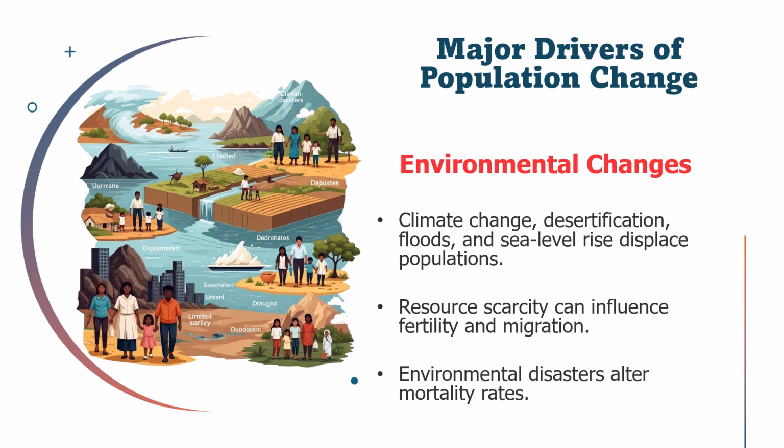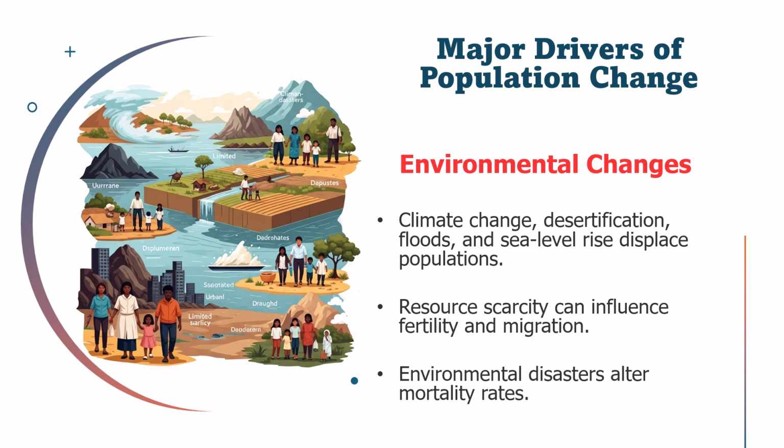Resource scarcity such as limited water, arable land, or food supplies can influence fertility decisions as families adapt to economic and environmental pressures. Environmental disasters including hurricanes, earthquakes, or prolonged drought directly raise mortality rates and disrupt livelihoods. These impacts highlight the close link between environmental sustainability and population trends, underscoring the need for adaptive planning in the face of global ecological challenges.